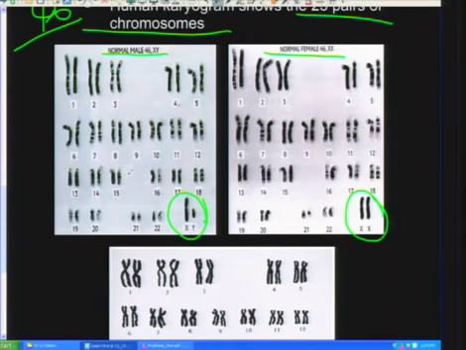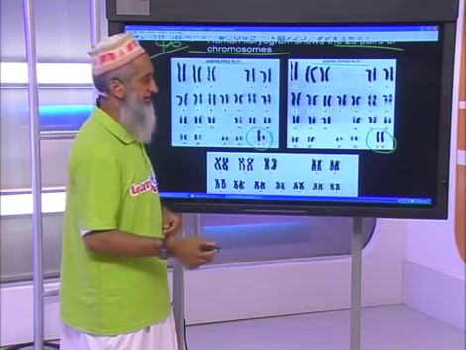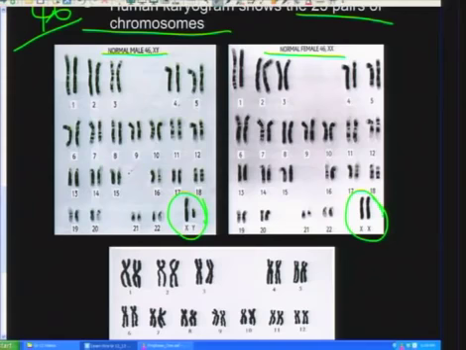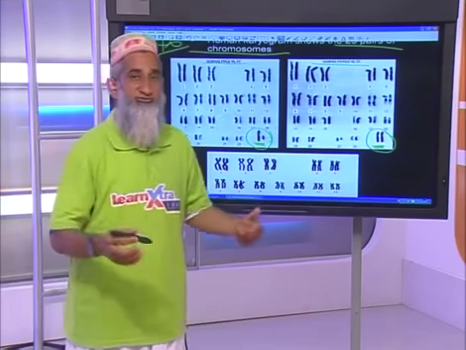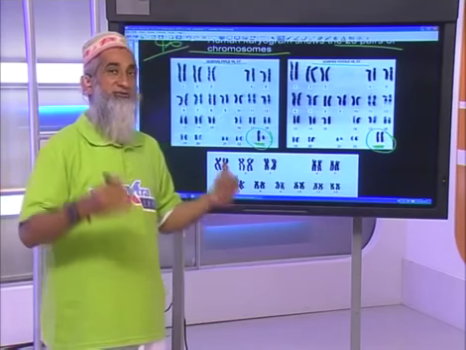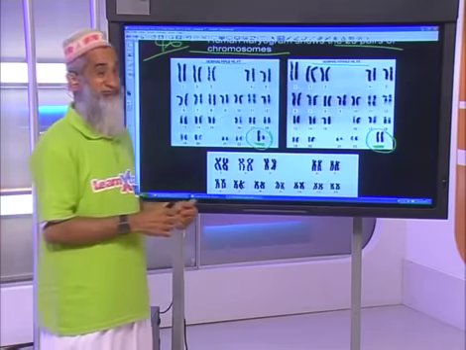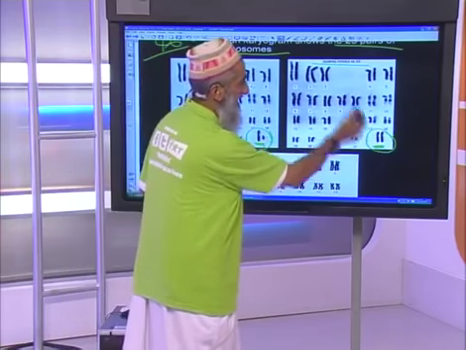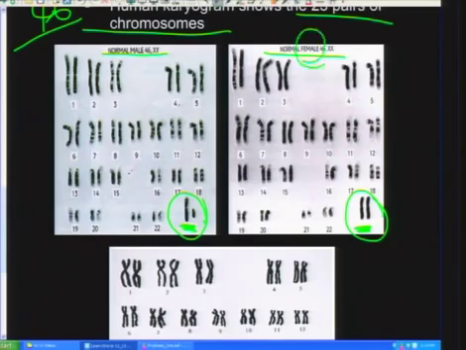Now sometimes in the exams or in study guides, they do not have the XX and the XY there. How would you know the difference? And size does matter here. In the one on the right, the female, the two strands are identical in size.